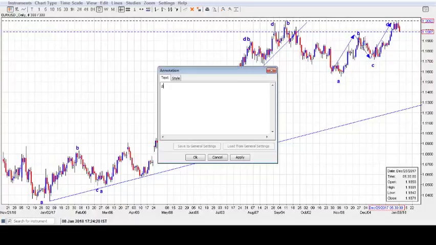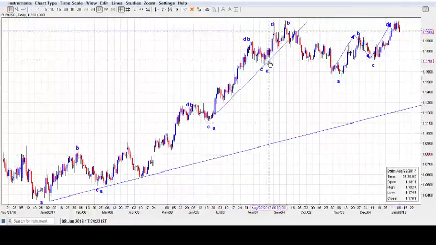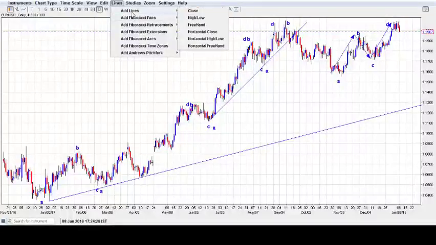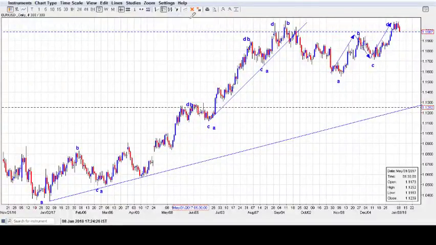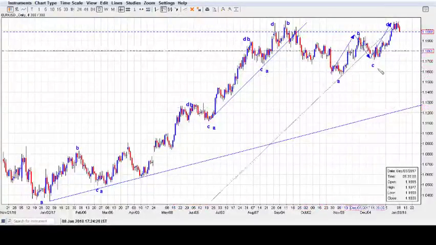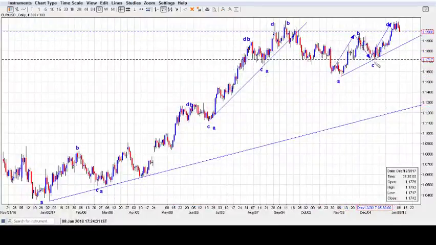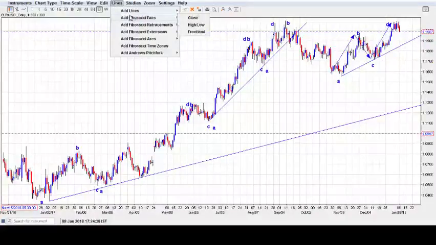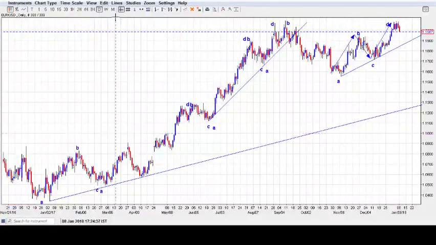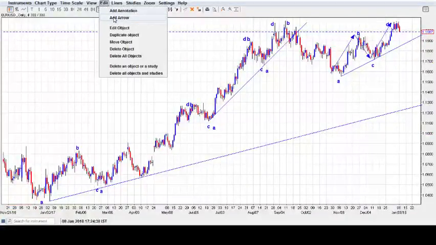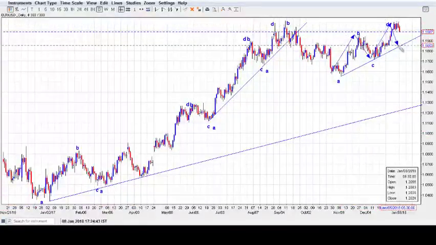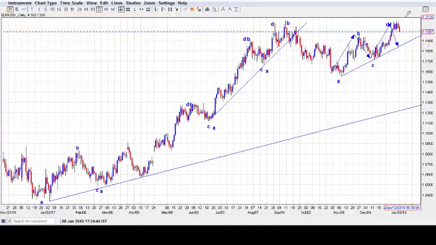Okay. If you find something like this, you might want to draw a channel support line connecting A and C, and then wait to see if the prices would break the channel line support or would bounce from the channel support towards a new high.